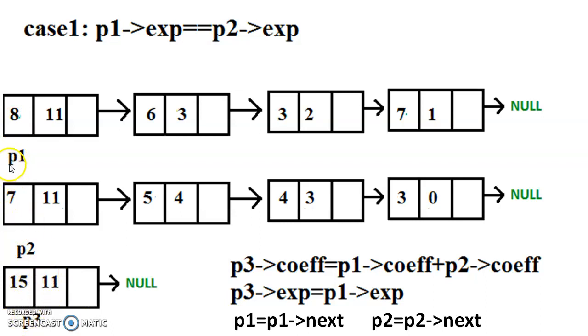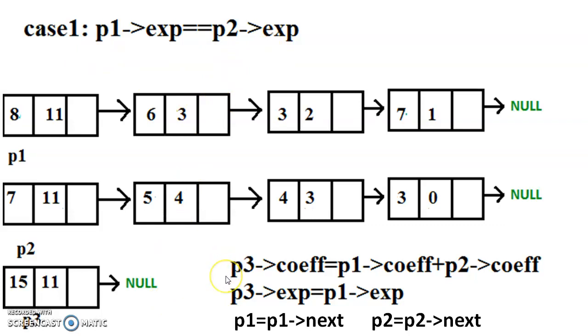How did this come? Whenever the P1 exponent is equal to the P2 exponent, we create a term with the coefficient as P1 coefficient plus P2 coefficient, 15, and the exponent is the same, so we can represent this. That is, case one is P1 of exponent equals P2 of exponent.